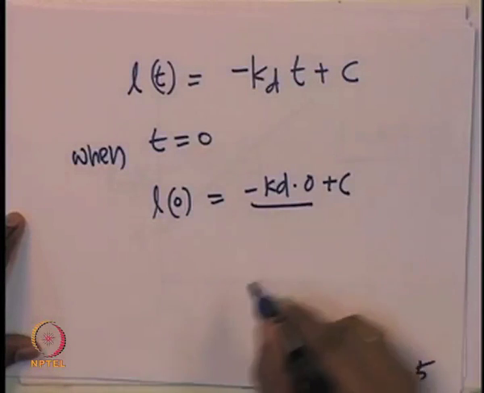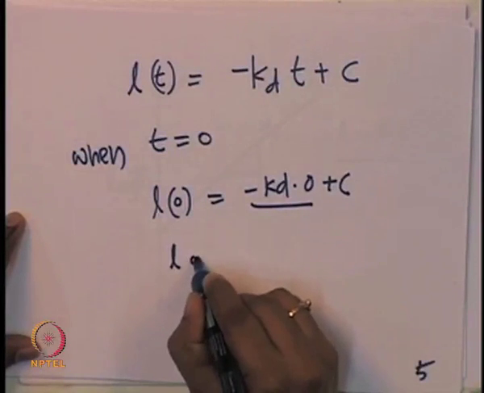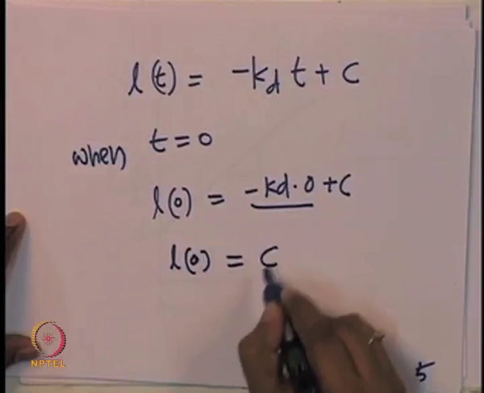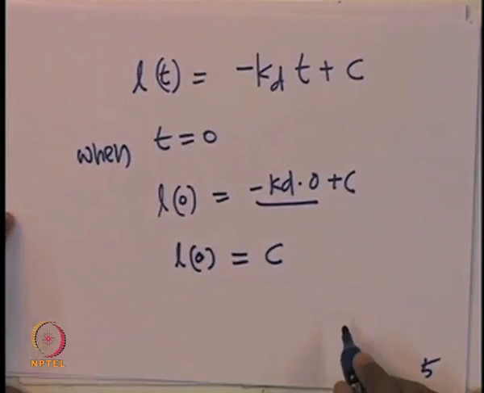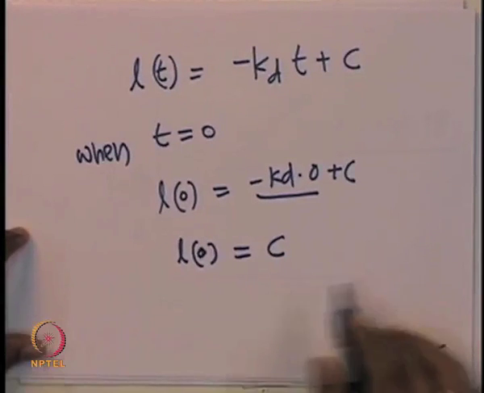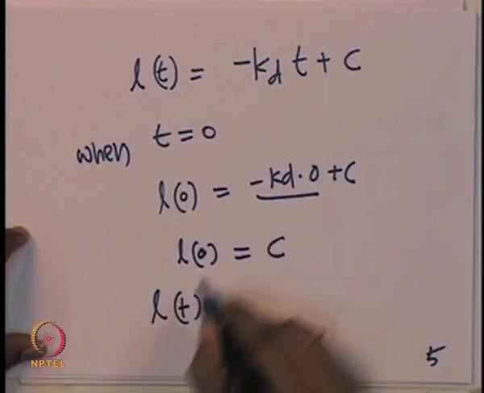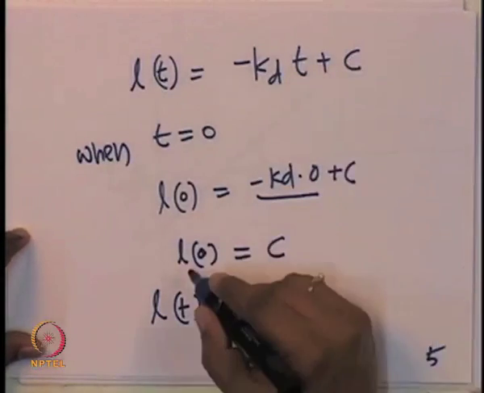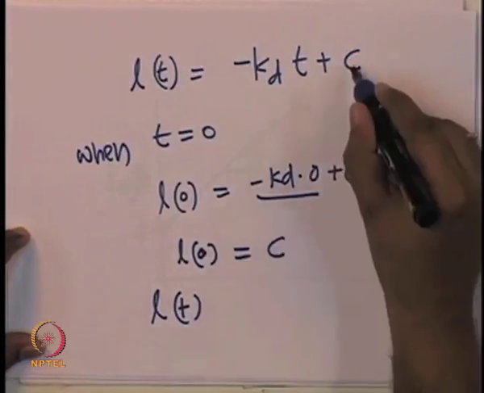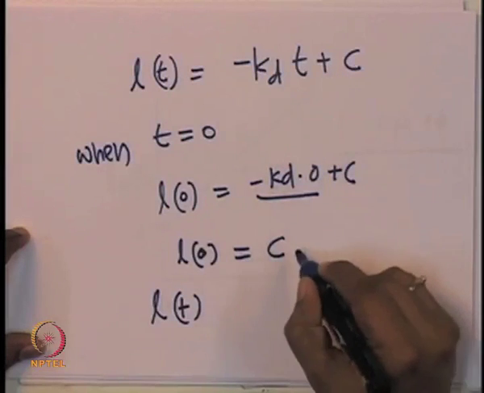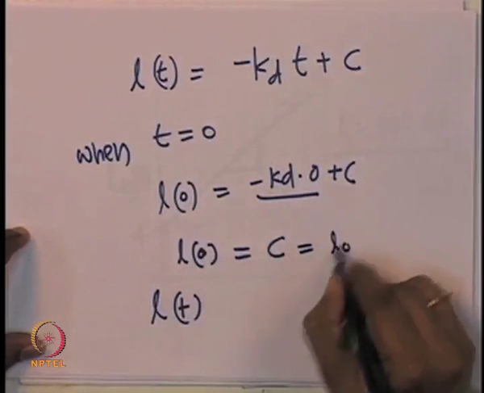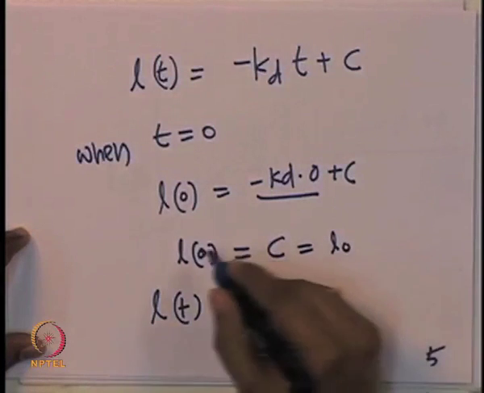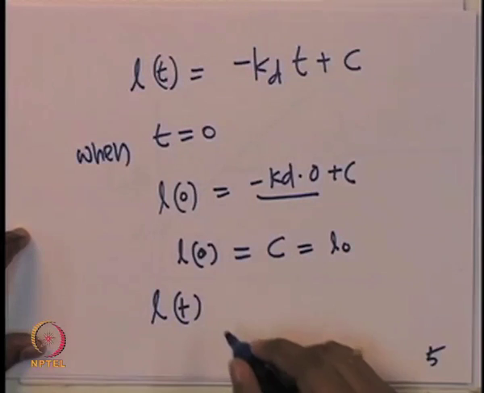So, this is 0, and L at 0 is equal to c. So, c is again the initial length. We can substitute this back. Let me write L of 0 as L0 for convenience.